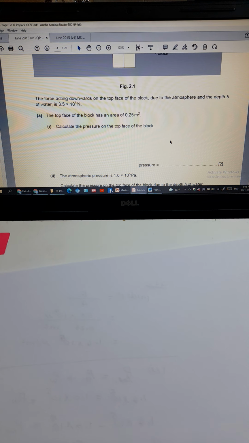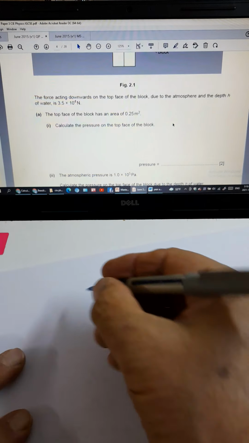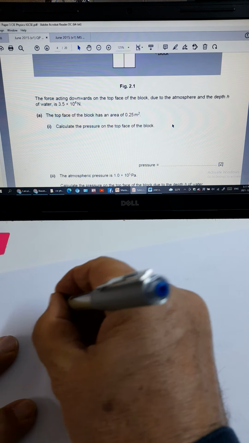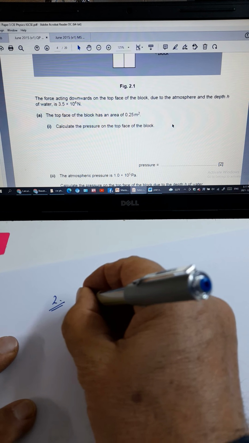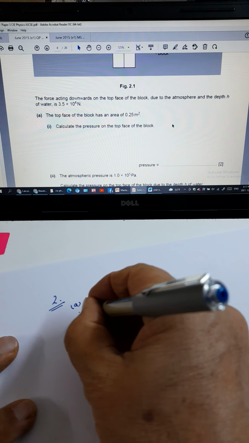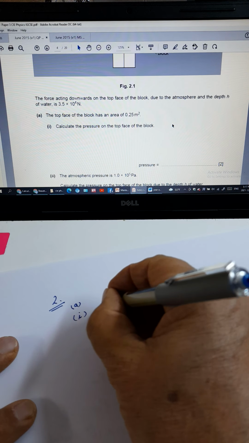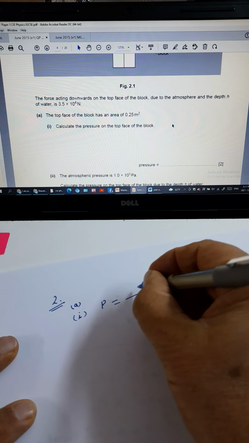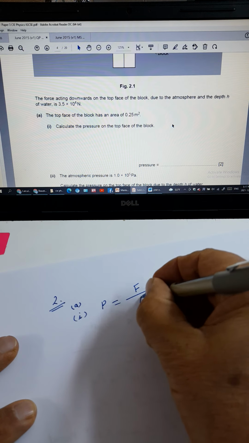A. The top face of the block has an area of 0.25 meters squared. I. Calculate the pressure on the top face of the block. Pressure is defined to be the force over the area.